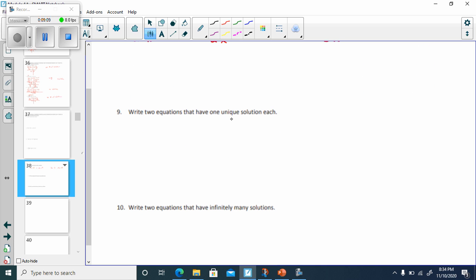Now write two equations that have one unique solution each. That means my variable and coefficient will be different on each side. So how about 2x plus 3 equals 5x plus 7? See, variable and coefficient are different. How about x plus 1 equals 2x plus 1? Look, variable and coefficient are different. That's 1x, that's 2x.